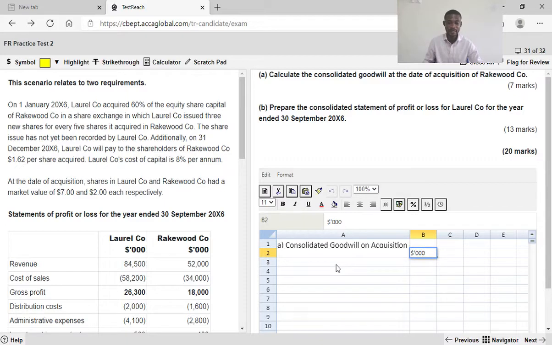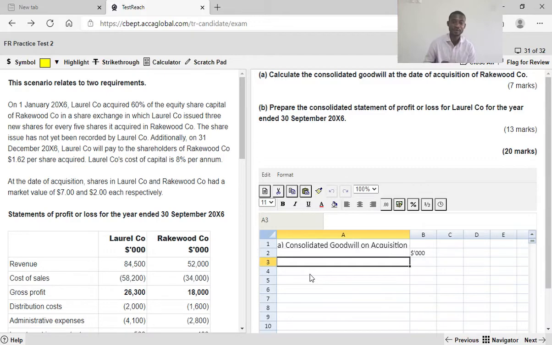Again, you don't need to format this. Keep it simple when you are doing the calculation in the spreadsheet. I know that for my goodwill calculation, I need consideration, I need NCI if any, and I need net assets at acquisition. But I will quickly scan through the question to identify these elements that I need for the goodwill calculation.